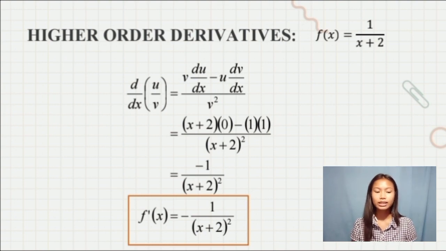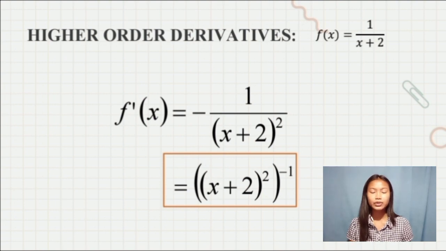Move the negative sign to the left side of the fraction. Then it will become negative 1 over x plus 2 squared. So our first derivative is negative 1 over x plus 2 squared.